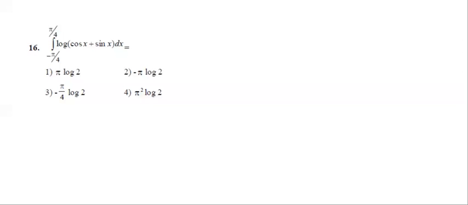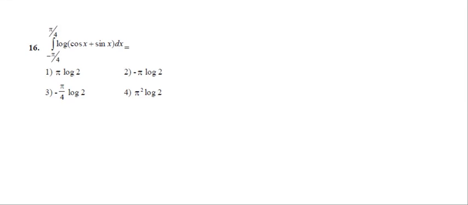16th question. Integration minus pi by 4 to pi by 4 log of cos x plus sin x. This is in the form of integration minus a to a f of x dx. So what is the formula?